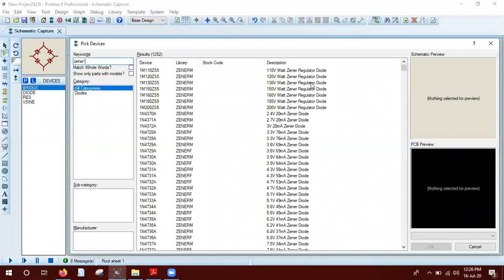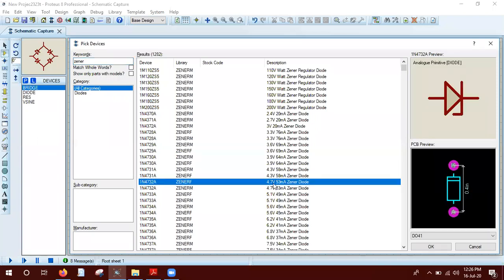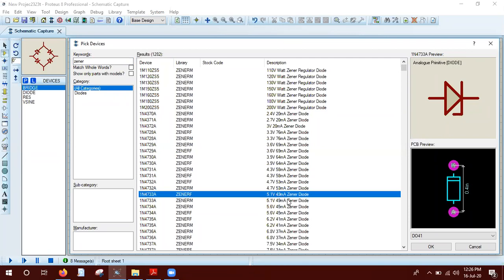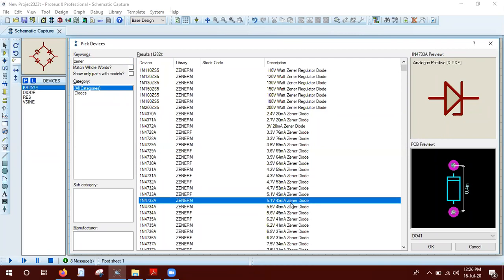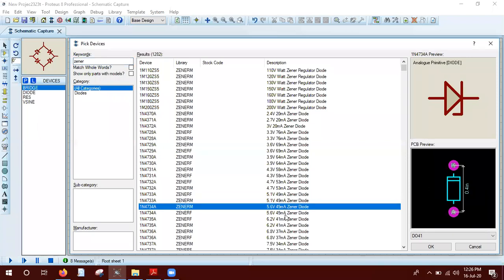So for that, you see that there are different types of Zener diode available. Different values, 4.7 for 53 milliampere. That means the maximum current across this Zener diode can flow is 53 milliampere. 5.1, 5.6. There are different values.